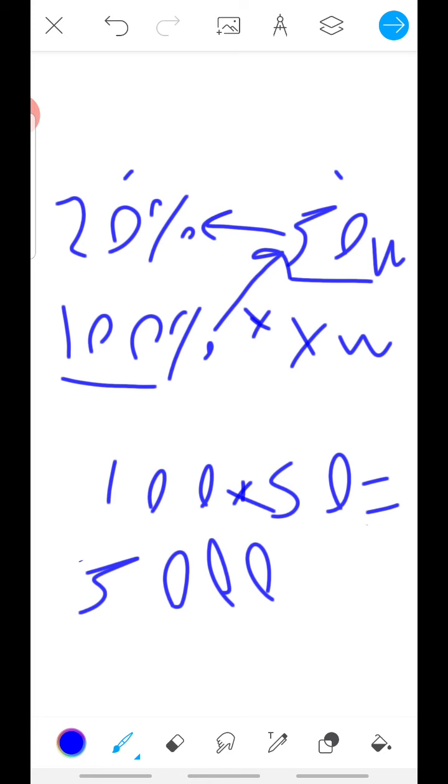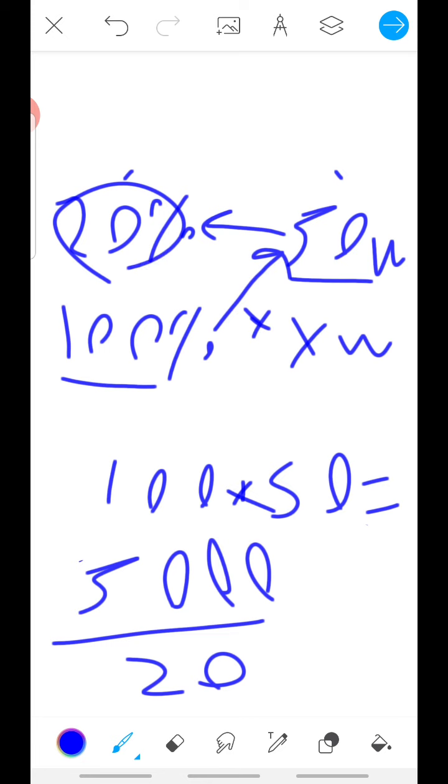Then the sum of that, we divide by this number that is put here. So we do 5,000 divided by 20, which is equal to 250. That means in total there are 250 workers in the entire working area.